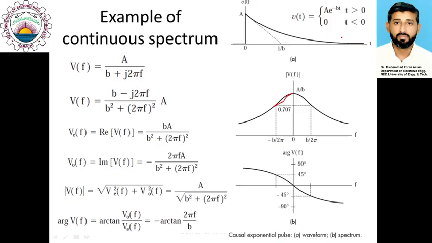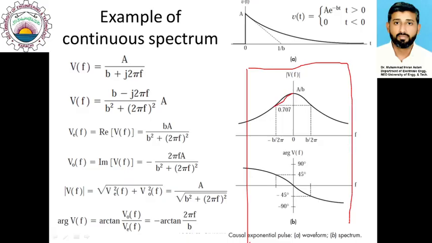Whenever we try to represent a non-periodic signal in the frequency domain, we need to use a Fourier transform, and the spectrum we get from this transformation would be a continuous spectrum, as shown in this diagram here.